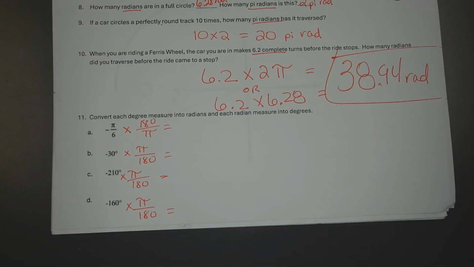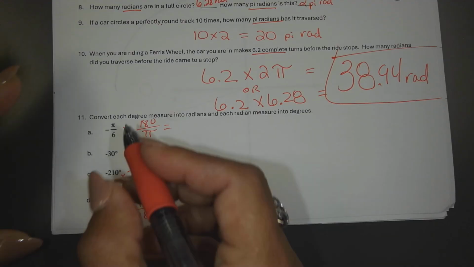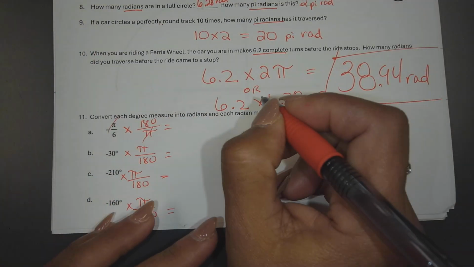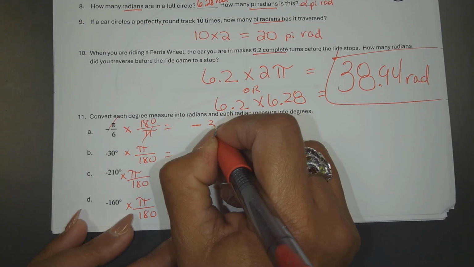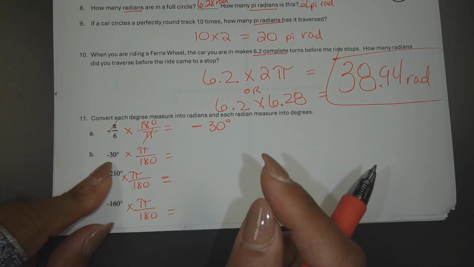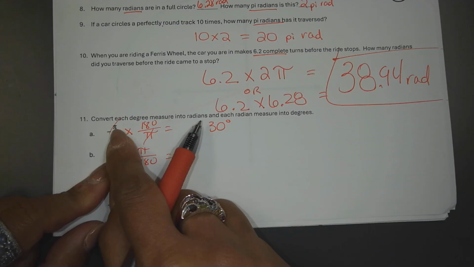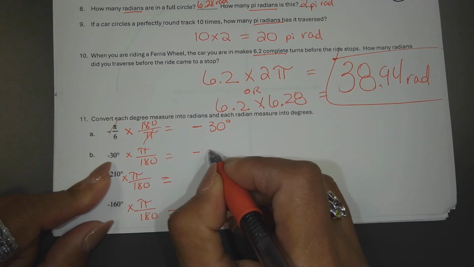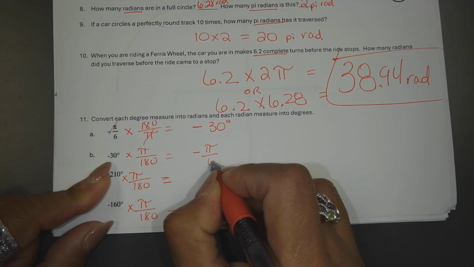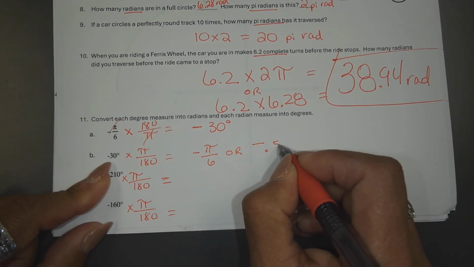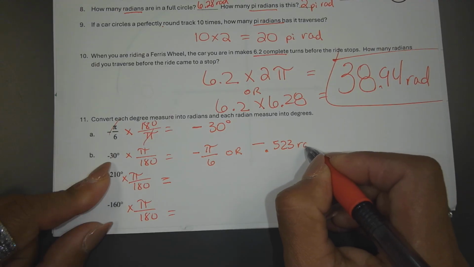Now, in that situation, we can cancel out the pi's, but you do end up with a negative answer. Negative 30 degrees. Look at that, negative 30. So if you wrote the same answer, you're completely good, but it should be a negative, either pi over 6 or a negative 0.523 rad.